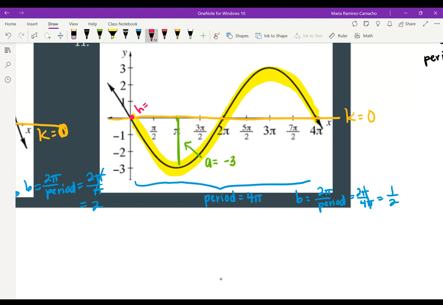And my horizontal shift is 0 because, again, we are starting on the y-axis, so my equation is going to be y equals -3 sine (1/2 x).